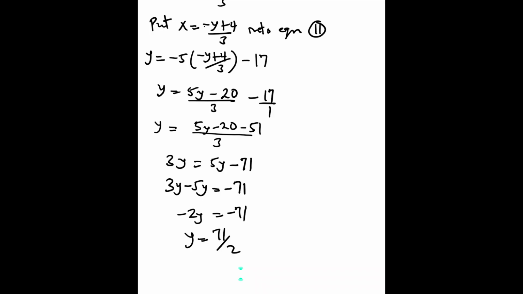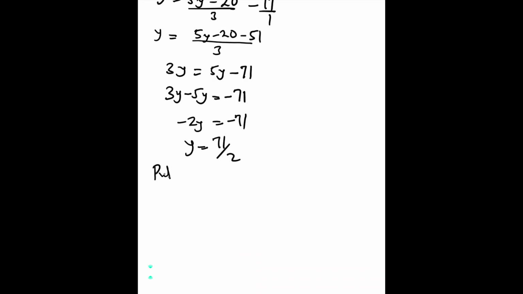So y will be equal to 71 over 2, because the minus signs cancel each other out. So let's put y equals 71 over 2 into x equals minus y plus 4 over 3. Okay, so x will be equal to minus 71 over 2 plus 4, all over 3.